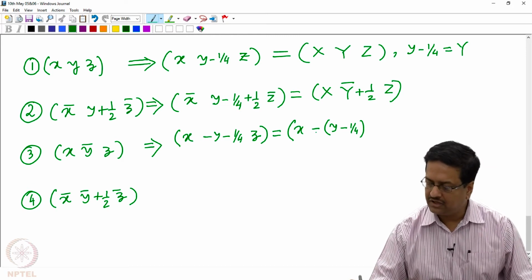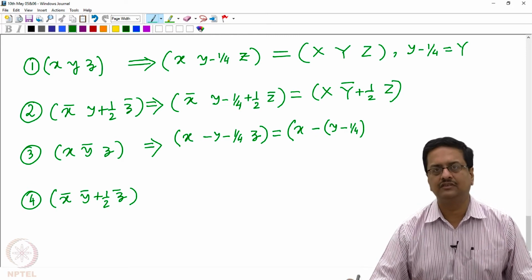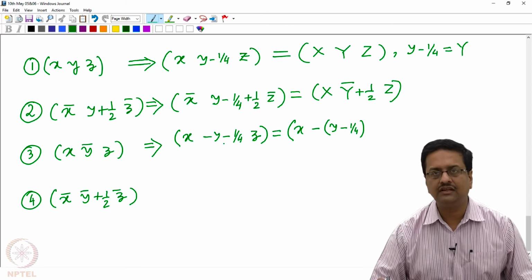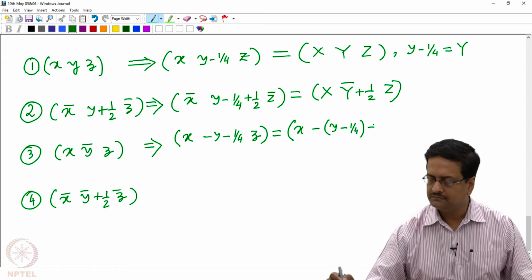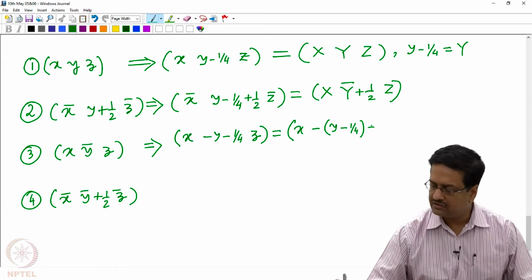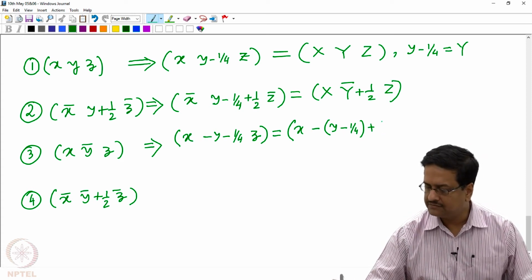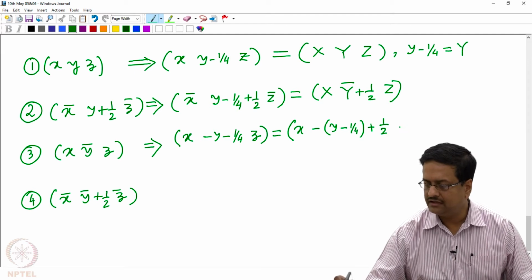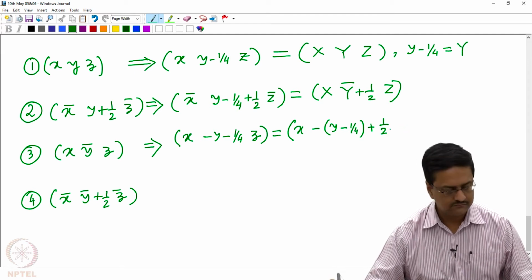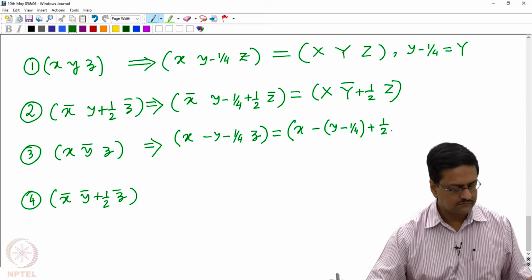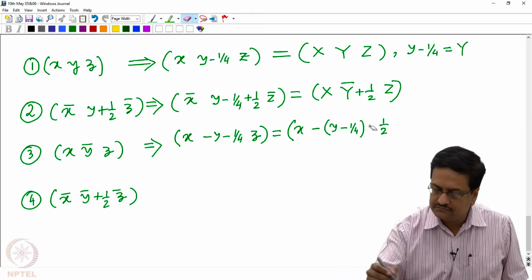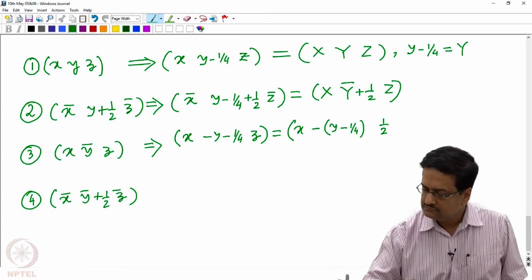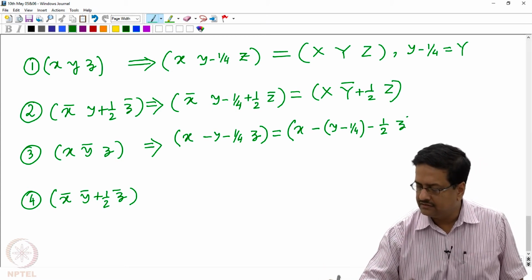I have written minus of minus 1/4, that means plus 1/4, but here we have minus 1/4, so a component of half should be subtracted here, and z.